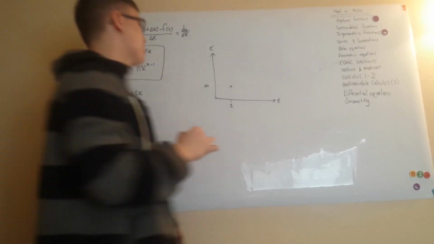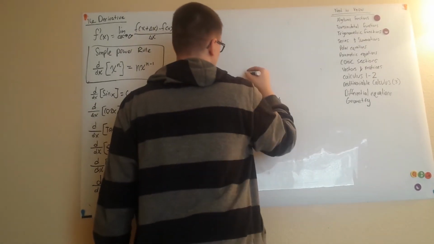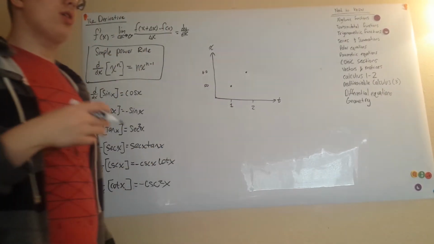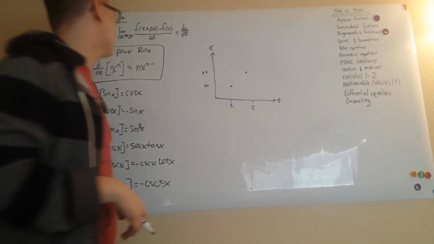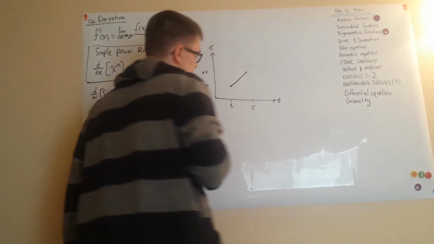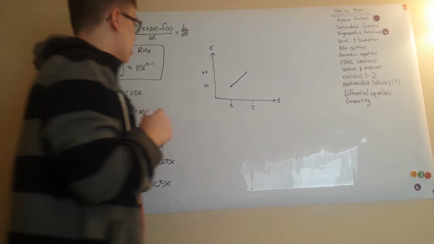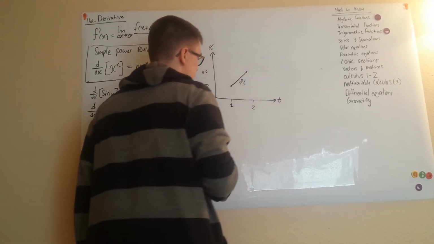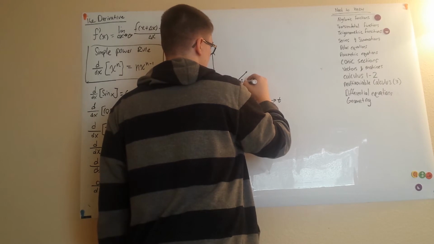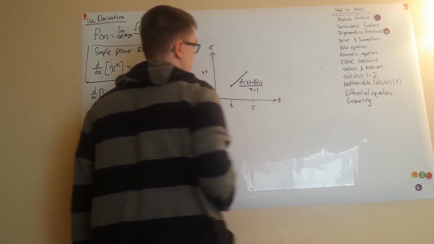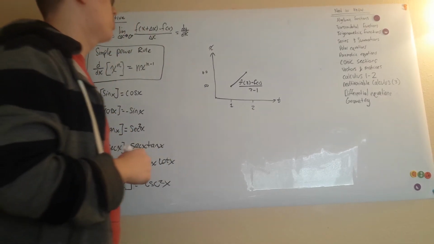At 2 seconds, you're at 60 meters. Your average rate of change would be the slope right here, with that line. So your average rate of change is f of 2 minus f of 1 over 2 minus 1.